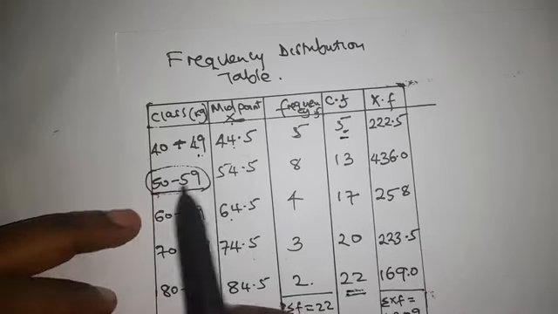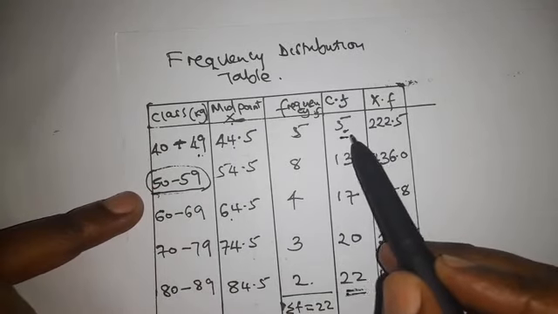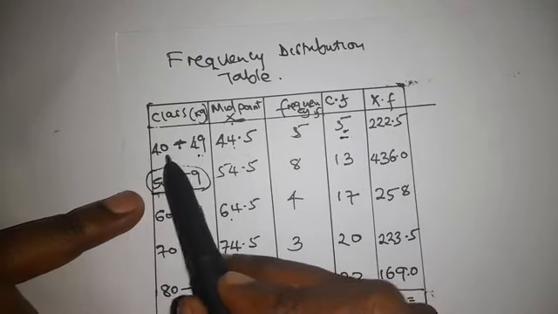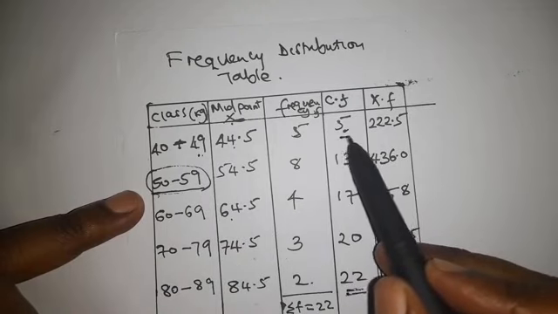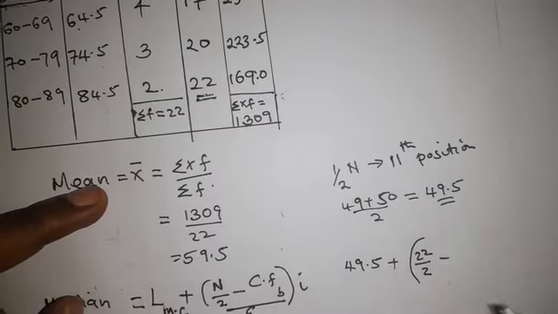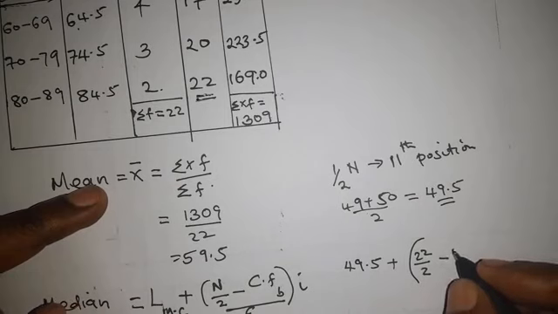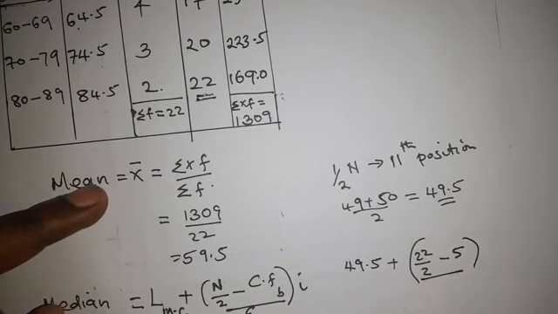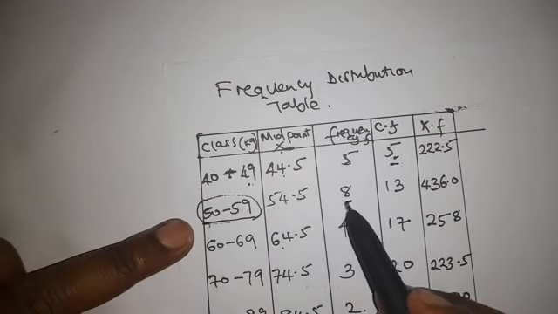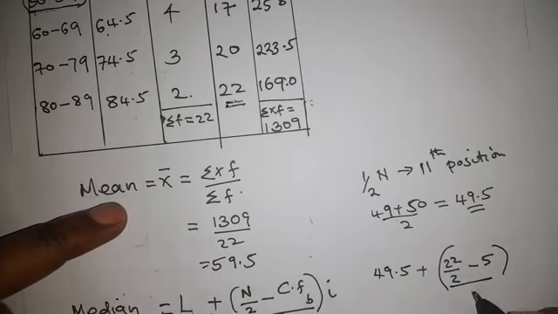Cumulatively is 5. This is the current median class. The previous class is 49, so the cumulative frequency there was 5. So that is what we bring here, 5, close the brackets, divided by the frequency of that median class, which is 8. So we bring here 8.